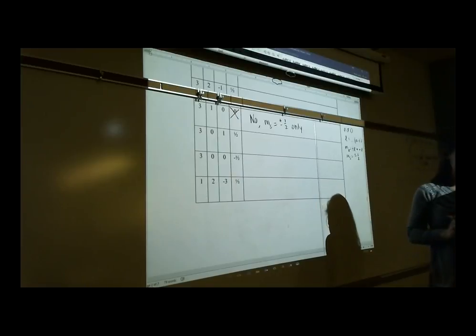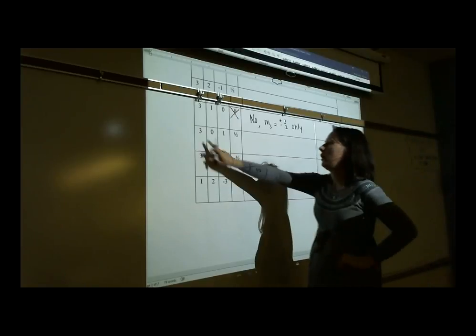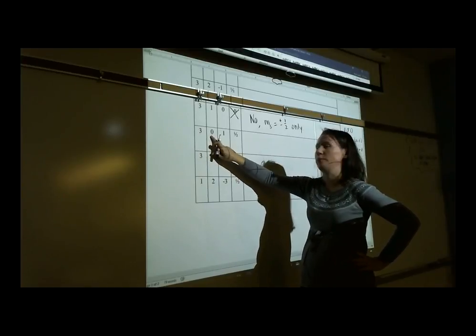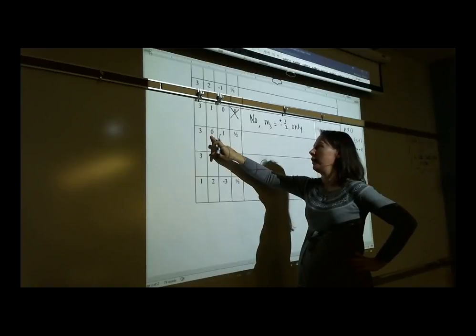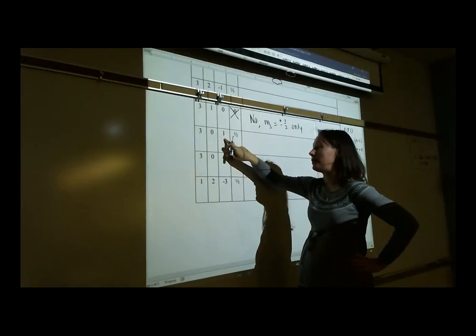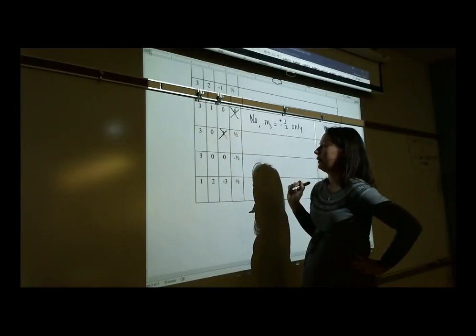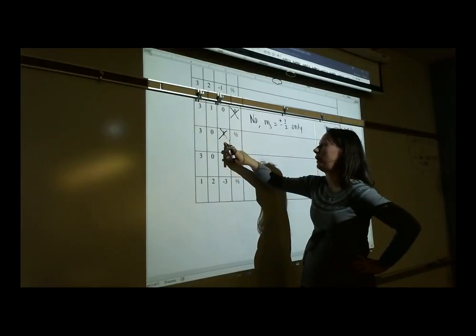All right, let's look at the next one. If N equals 3, can L be 0? Yes. If L is 0, can M sub L be 1? No. Why not? What's the only value that M sub L could be? 0.